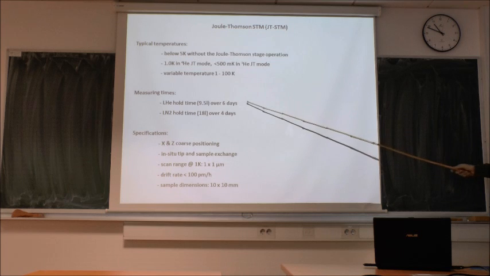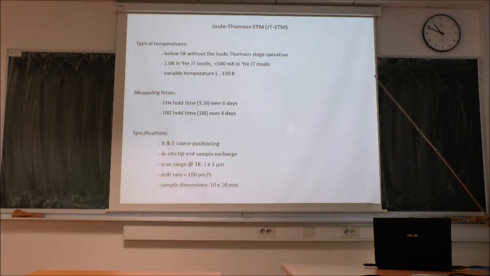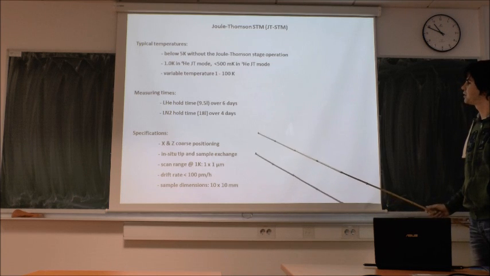In our case this is quite good, so you can work for 6 days. Typical microscopes in the beginning were operable for about 12 hours, so every 12 hours you had to refill. Then 1 day, and now 6 days.